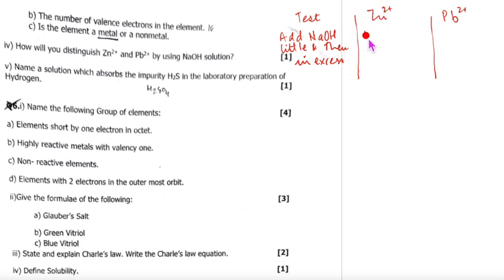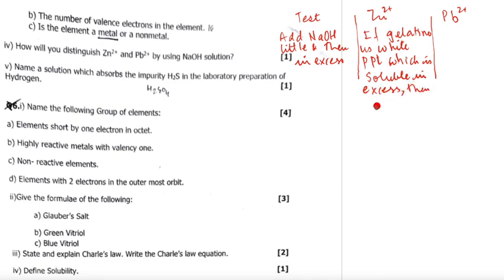So zinc is going to give gelatinous white PPT. So if we say if gelatinous white precipitate, I'll just write PPT, which is soluble in excess, then Zn2 plus present. But if it is Pb, you will not get gelatinous white.